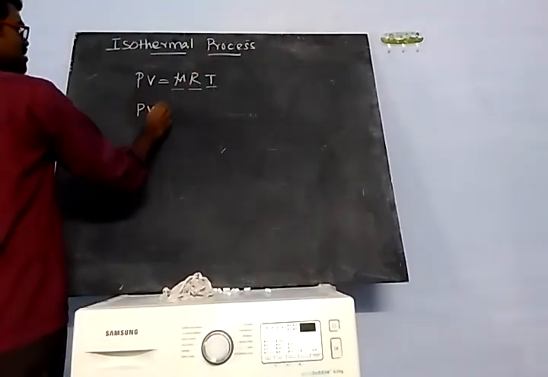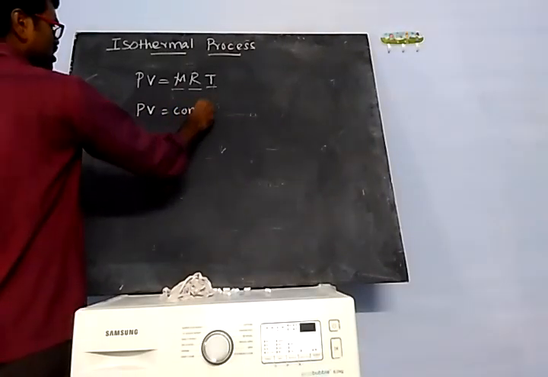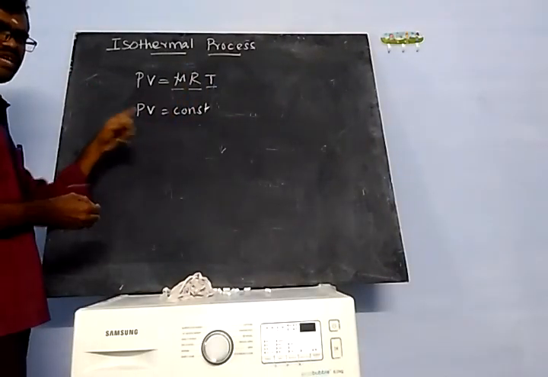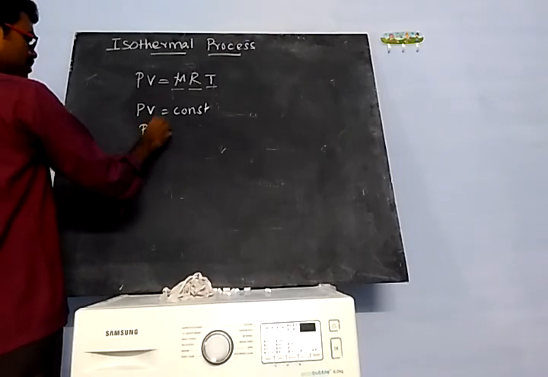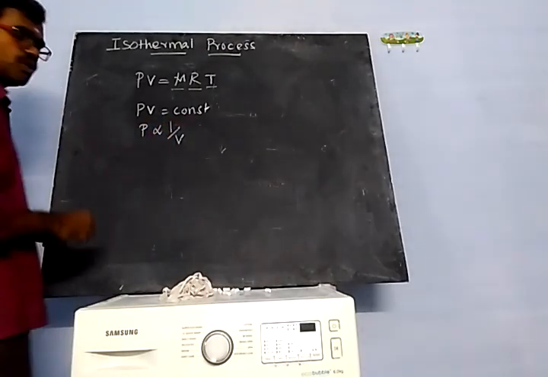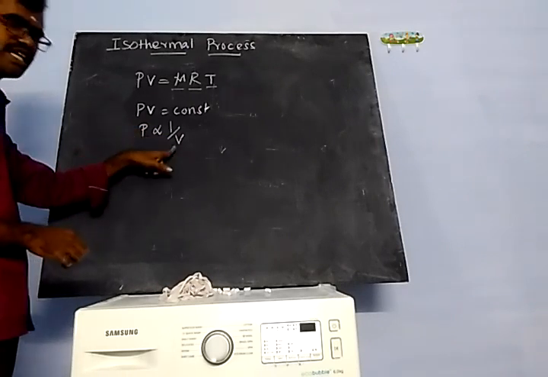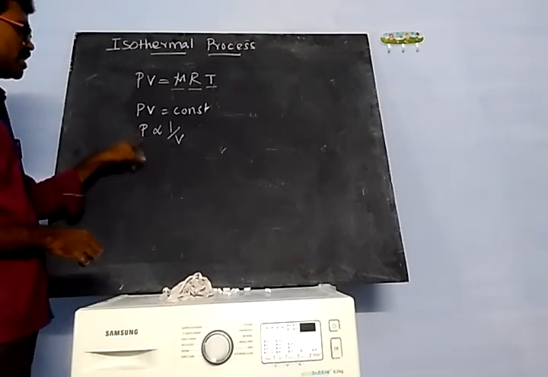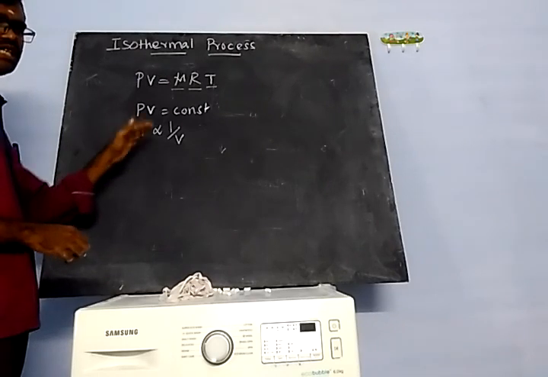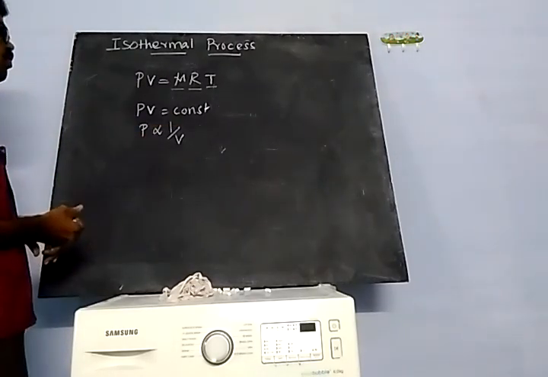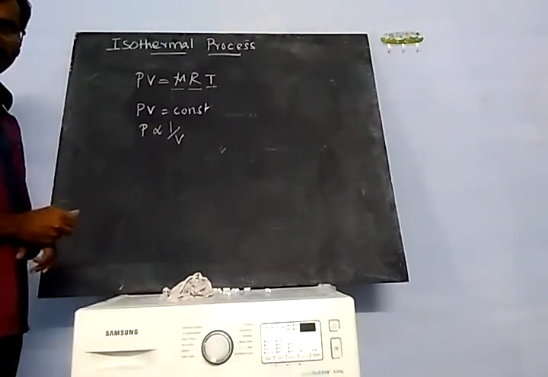So we can write PV is equal to constant. Then P is inversely proportional to volume. When you increase the volume, the pressure decreases. When you decrease the volume, the pressure increases. Do you understand?